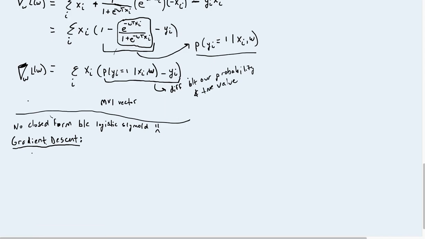So here's how the algorithm would go. First you pick some w, you initialize some w. You think, I'm going to start out with this, and then you compute the gradient, which we've just defined above.